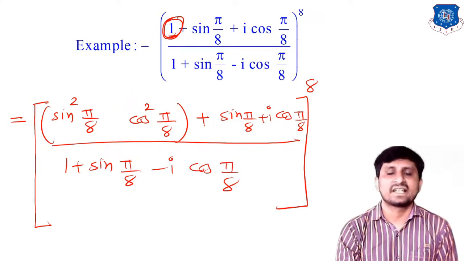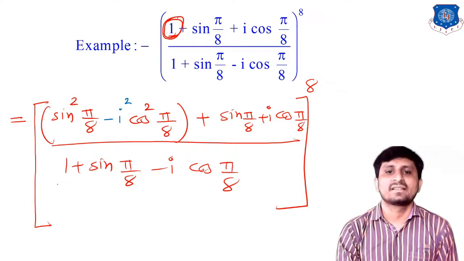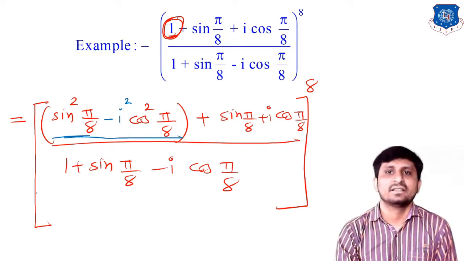Now instead of sin square plus cos square, I write sin square minus i square cos square pi by 8. Clear? Now this is exactly a square minus b square. In this first bracket, can you see a square minus b square? That can be written as a minus b into a plus b.